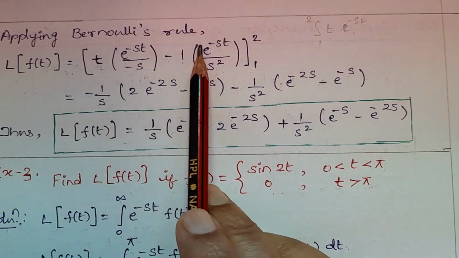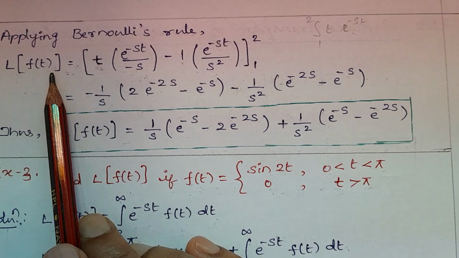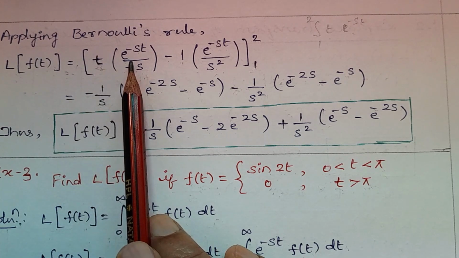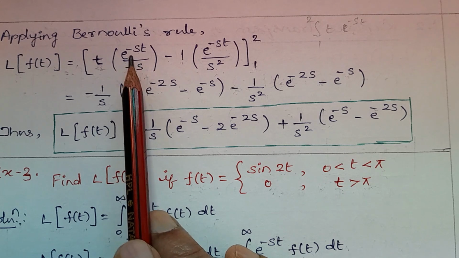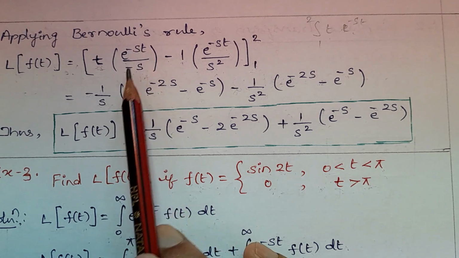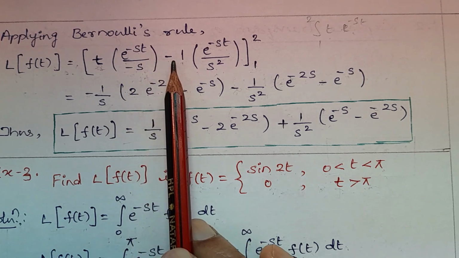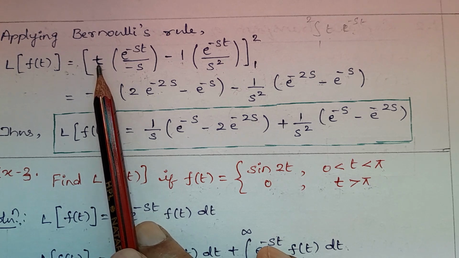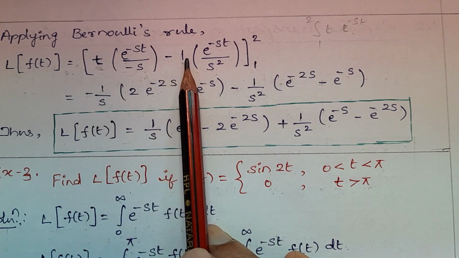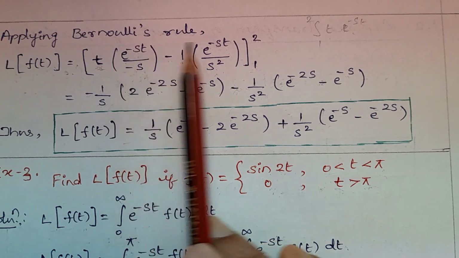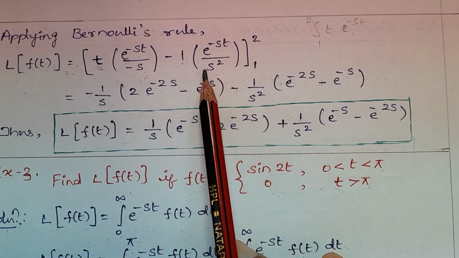Applying Bernoulli's rule, Laplace transform of f of t equals first function t as it is, second function, apply the integration, e power of minus st divided by minus s, minus take the differentiation for first function. So differentiation of t is 1 and integration of e power of minus st is e power of minus st divided by minus s.